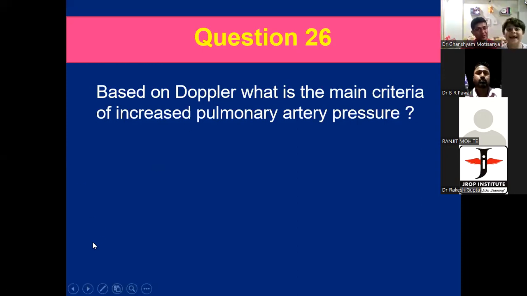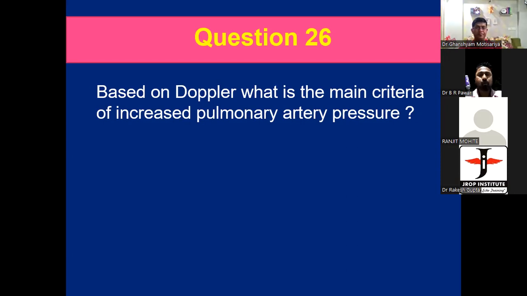There is a formula for mean pulmonary artery pressure. 0.6 into peak PAP plus 2.1. I just have to recollect that, sir. Oh, you're doing a lot of echoes and you are trying to recollect. We generally do the pulmonary artery pressure, sir.